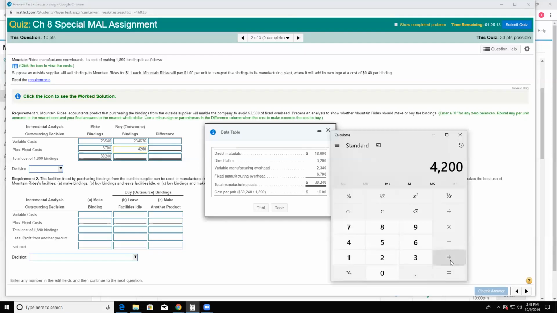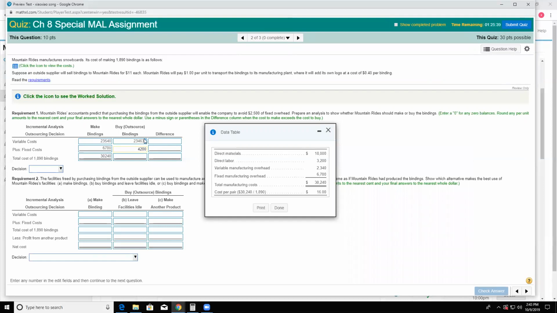And then your total will be... I think I didn't do that properly. Sorry about that, I think I put in the wrong number. So it's 12.4 times 1,890, which gives me 23,436.